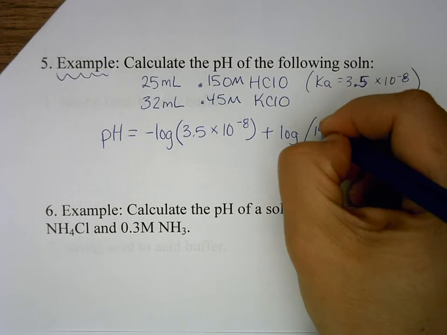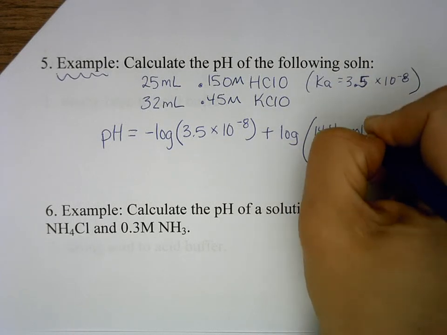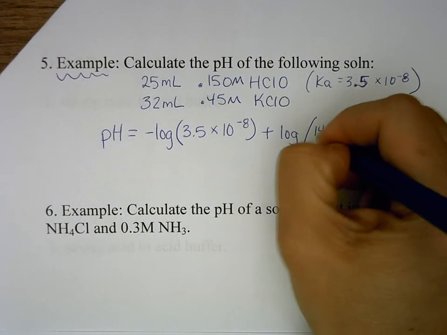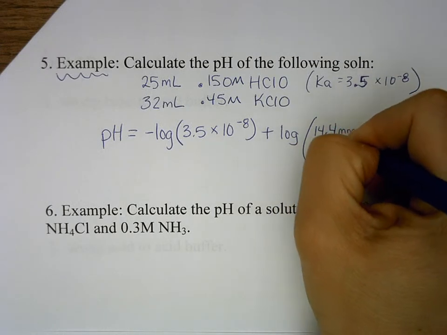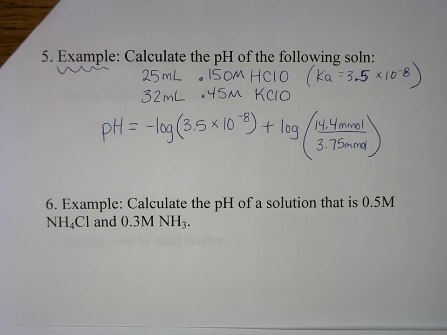It's the millimoles of the base over the millimoles of the acid. This is what you should be plugging into your calculator. So to find pKa, negative log of that Ka value.